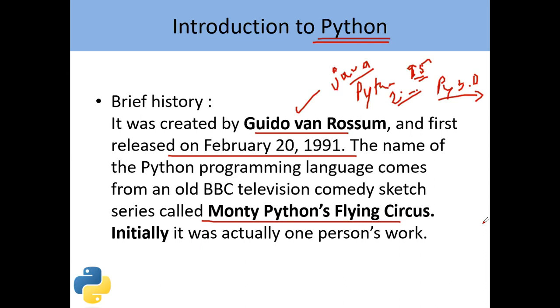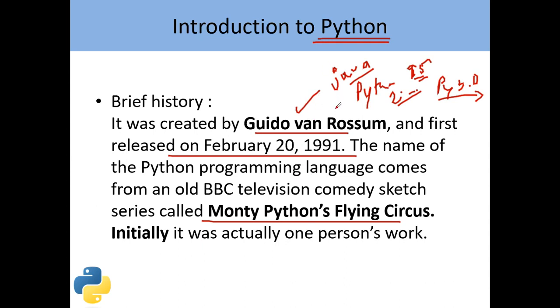It was just like a laughter show in India, like the Kapil Sharma show or the comedy circus. He liked Monty Python's Flying Circus very much, and he was influenced by that name to name the language Python.